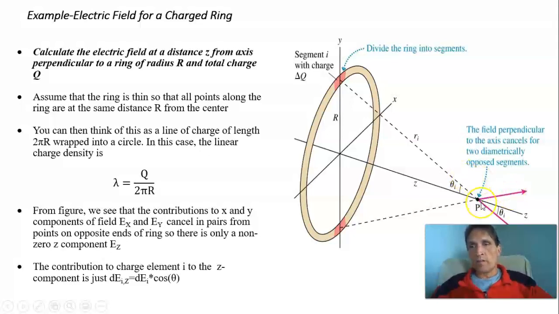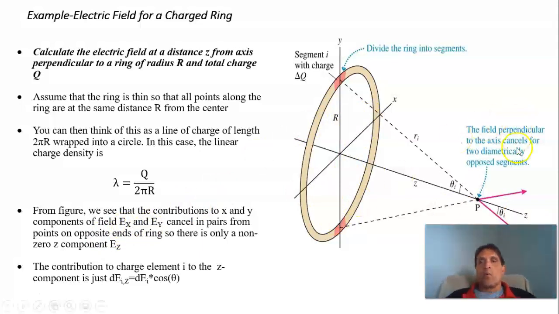So again, symmetry, we lucked out here. We only have to calculate the z component of the field, so the net field will be in the z direction. There is no Ex, there is no Ey, because all of the little contributions cancel in pairs.